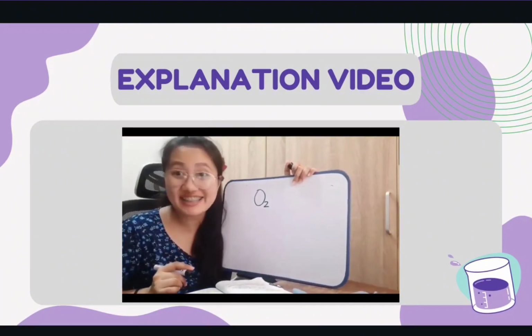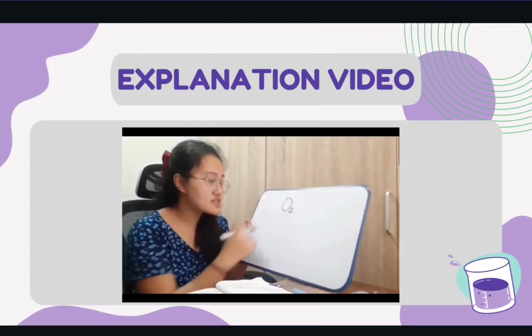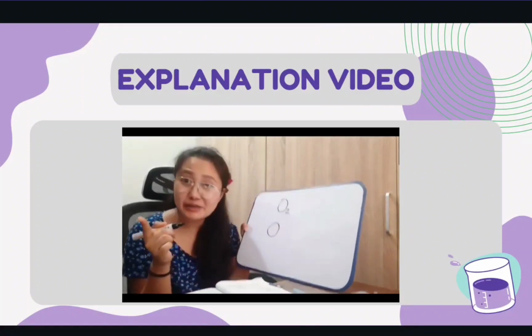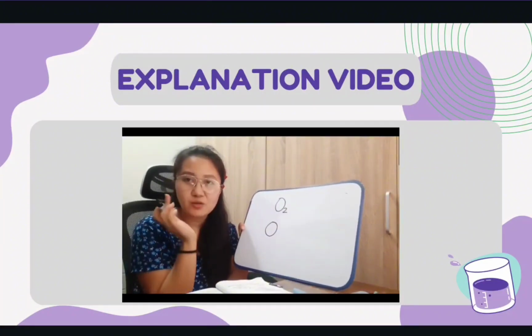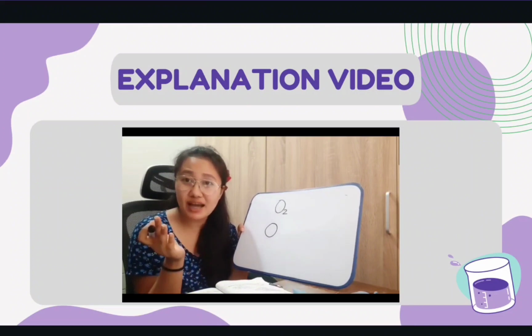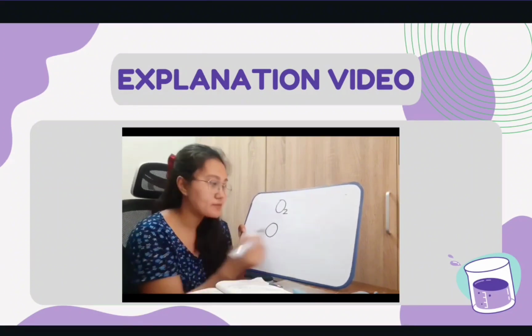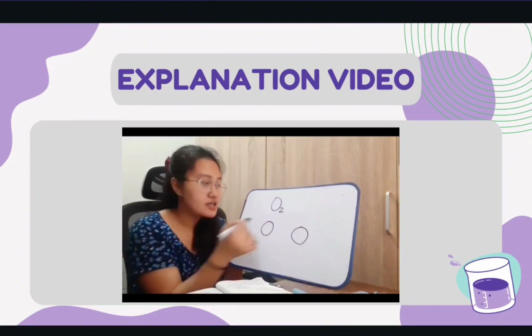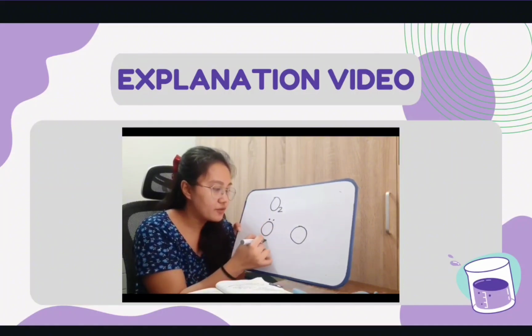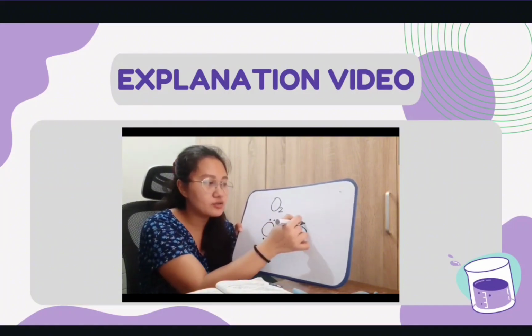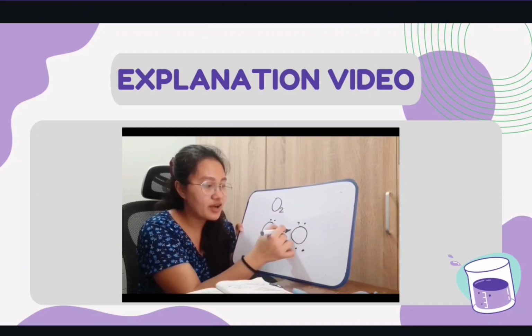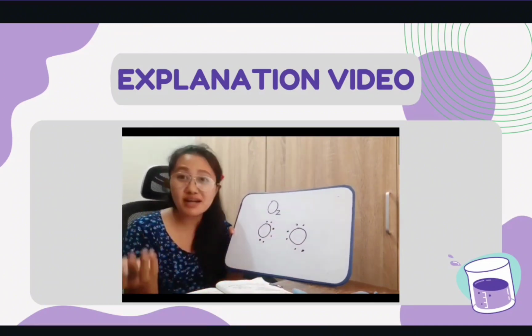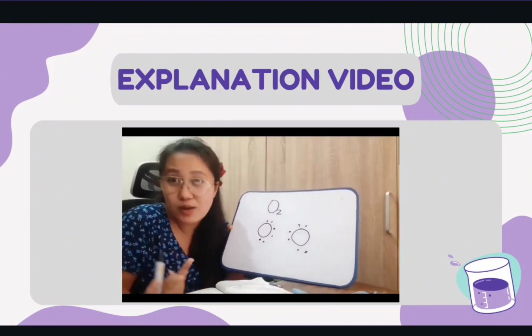How about if it is oxygen gas? Oxygen has 6 valence electrons, right? Since there are two oxygens: 1, 2, 3, 4, 5, 6, and 1, 2, 3, 4, 5, 6. Where will it come from? It has 6, how many does it need? 2.